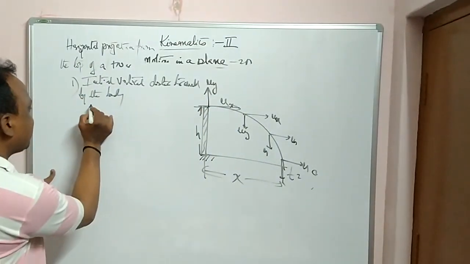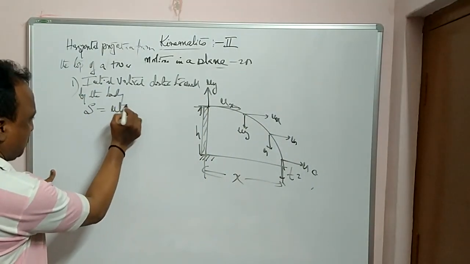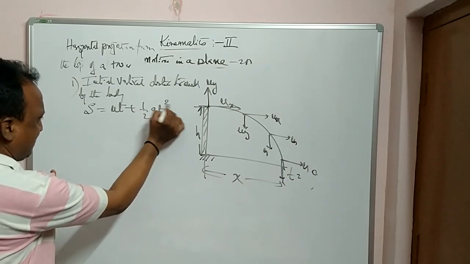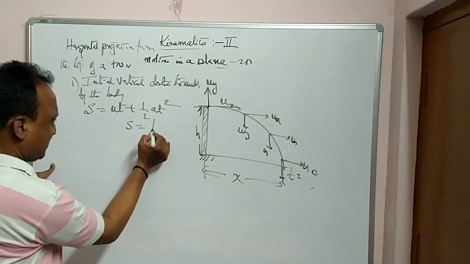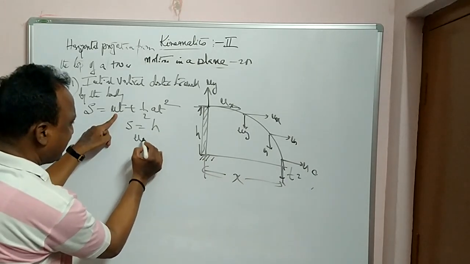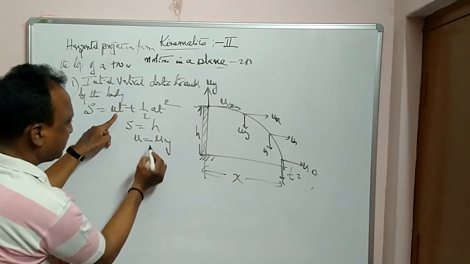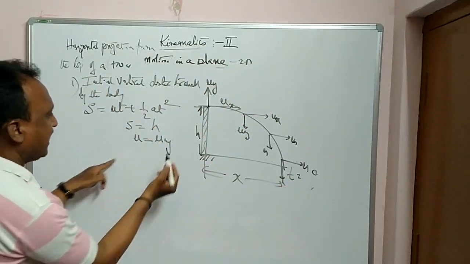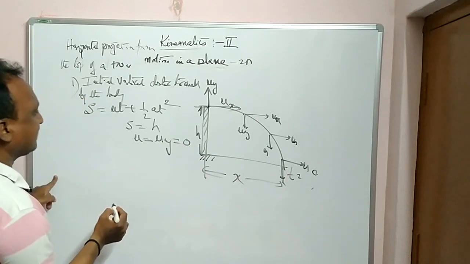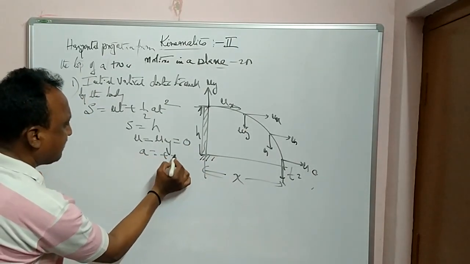So for vertical distance, s is equal to ut plus half at square. Here s means the displacement h, and u means the vertical component, because for vertical distance you have to take the vertical component, and the initial vertical component is 0 at the start, and a is plus g.